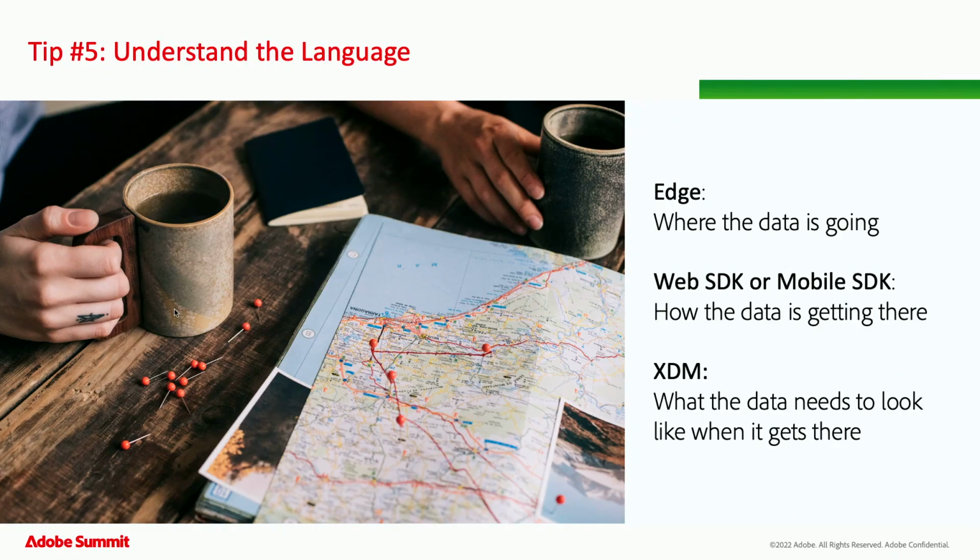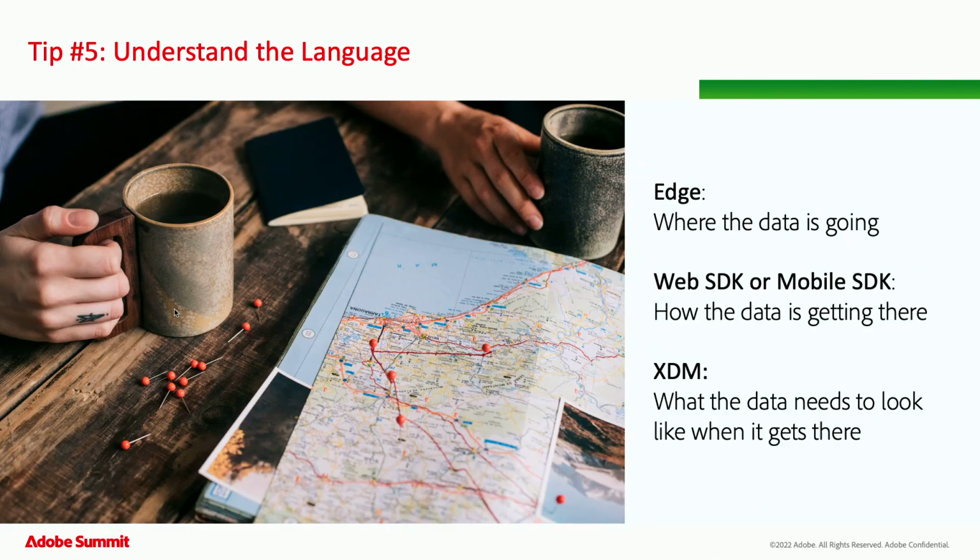And then you have XDM, which is the data model. It's the structure that you need with Web SDK and mobile SDK to get the data to the Experience Network Edge and for it to understand what to do with it, to then ship it off to all of those different products and third parties that we talked about.